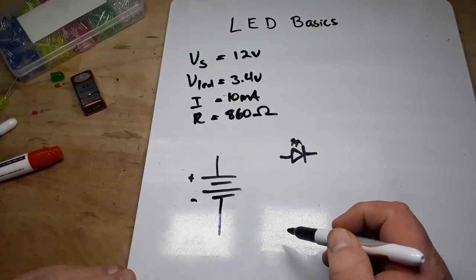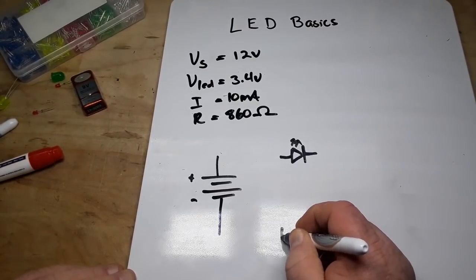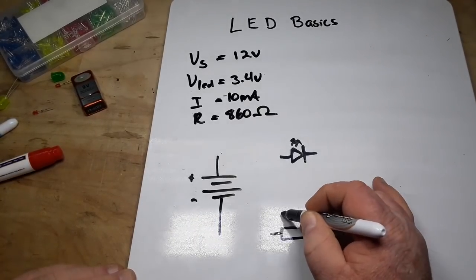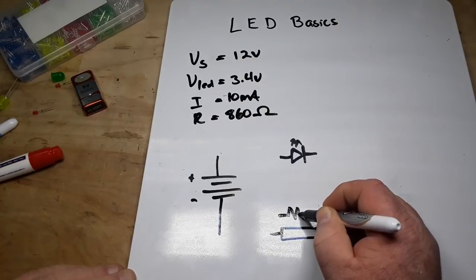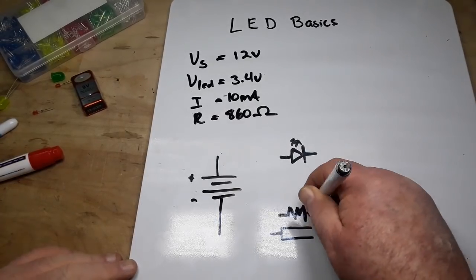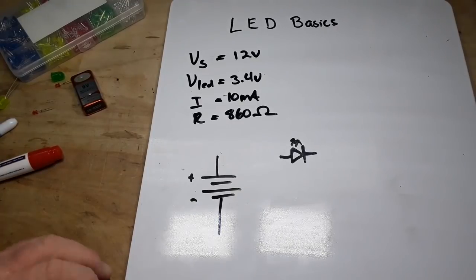And then we also have our resistor. Two different ways to draw a resistor. You can draw it as a box, or you can draw it as a squiggly line. Doesn't matter. You'll see them both. Me personally, I'm a squiggly line guy. You do whatever you like.